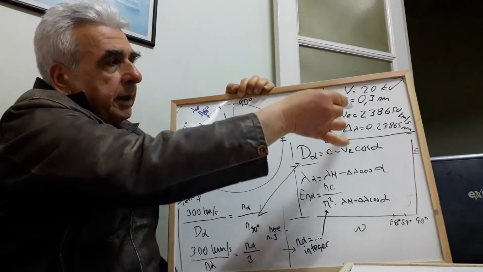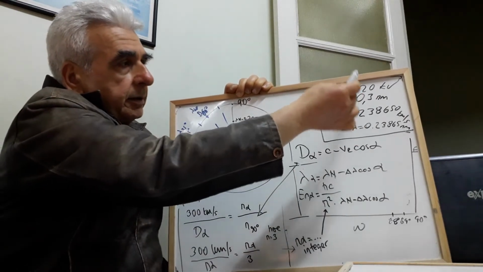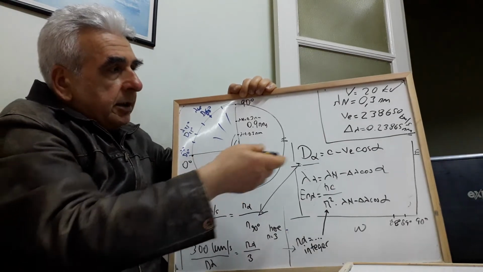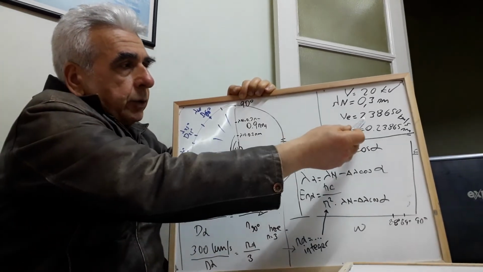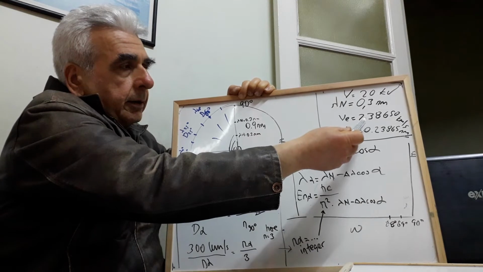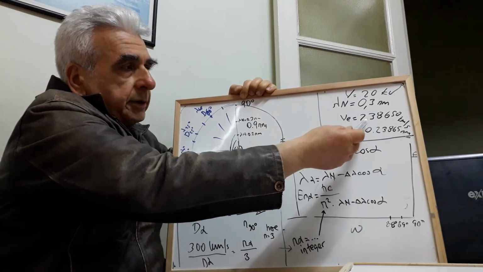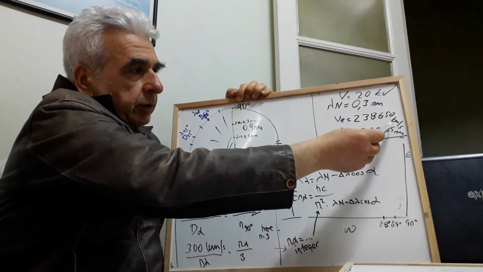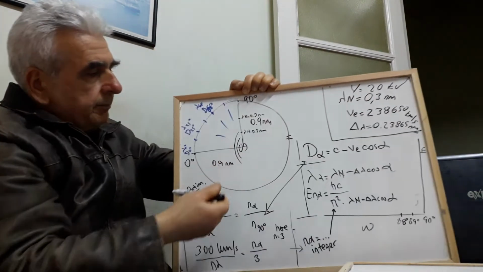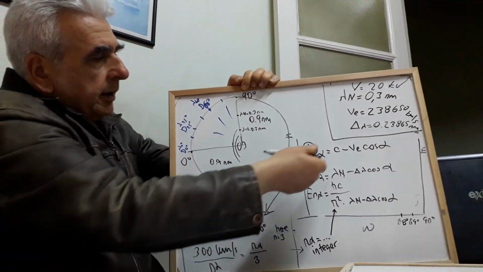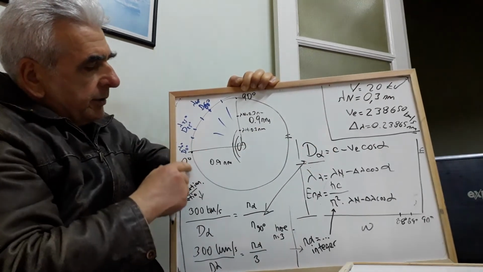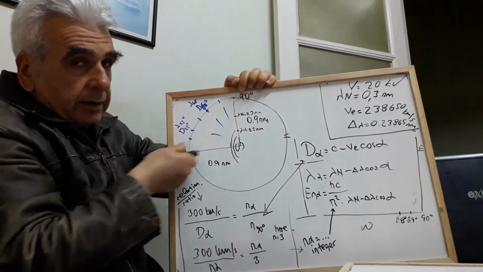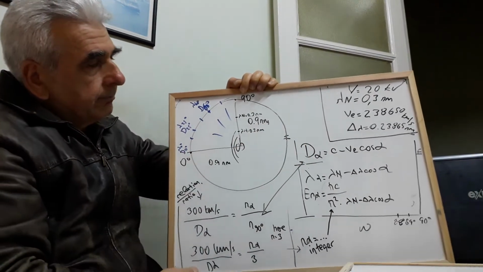Then if we apply 20 keV electric potential, it gains 238,650 km per second velocity. And this direction, the 0 point direction, is its relocating direction.